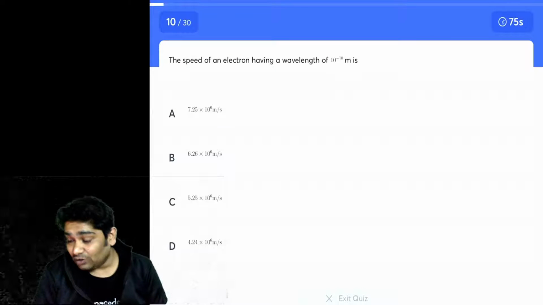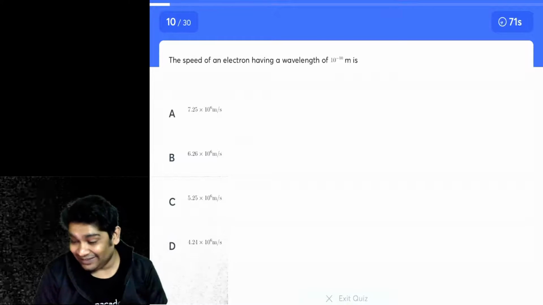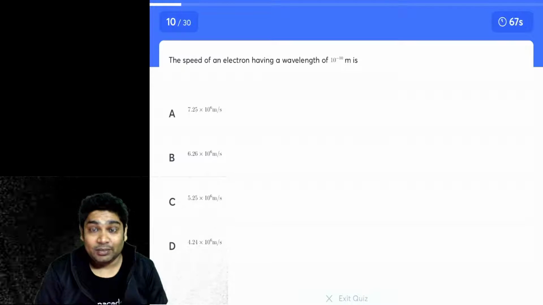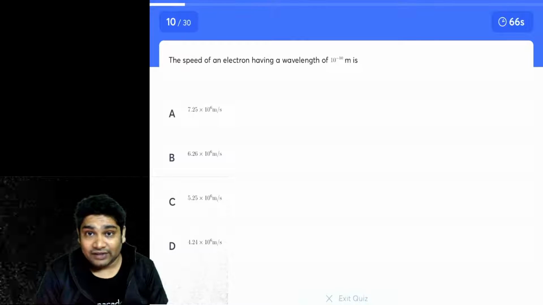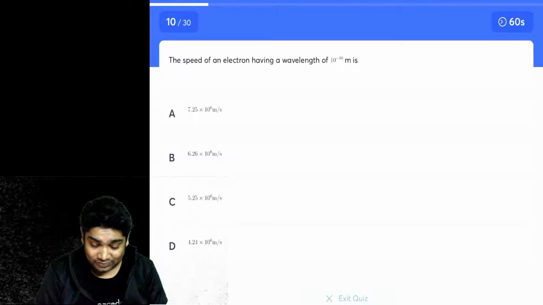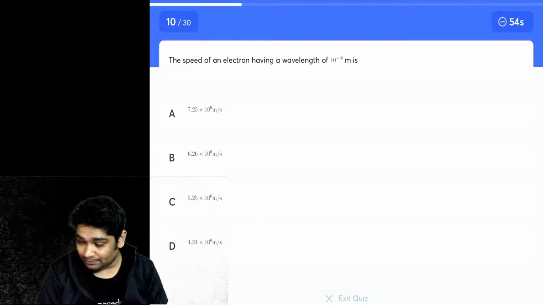The speed of an electron having a de Broglie wavelength of 10 to the power minus 10 meter is? You have to relate the momentum with the de Broglie wavelength and then calculate the speed of the electron. Which one of the following options would be the correct one?